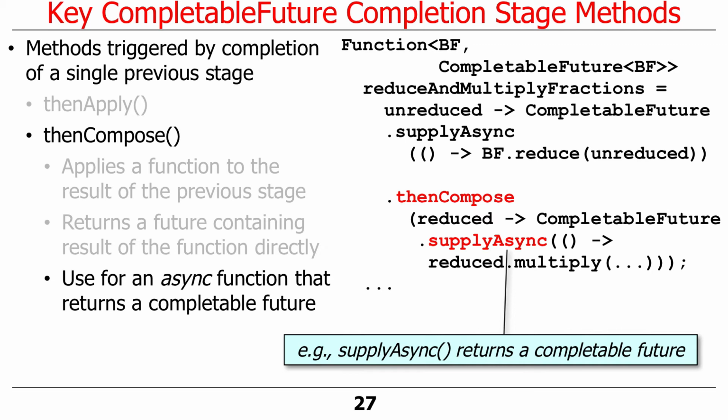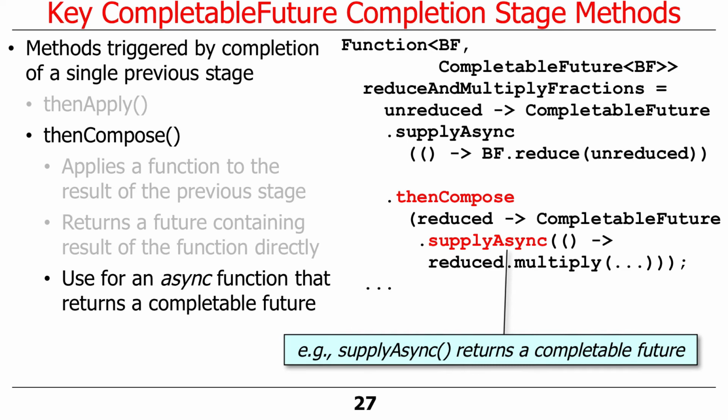I think this should probably say reduced. Shouldn't say unreduced, it should say reduced. Oh, I take it back. This is perfectly fine, everything's right. So notice what we're doing here. We're saying supplyAsync, reduce the unreduced lambda expression, and that returns a completable future to a big fraction that will be reduced when the future completes. Then we compose this.